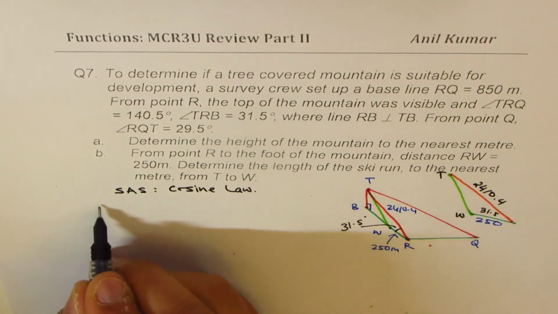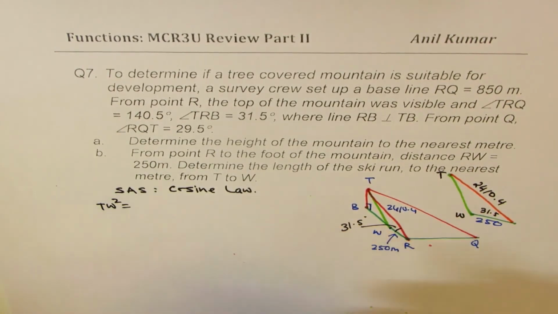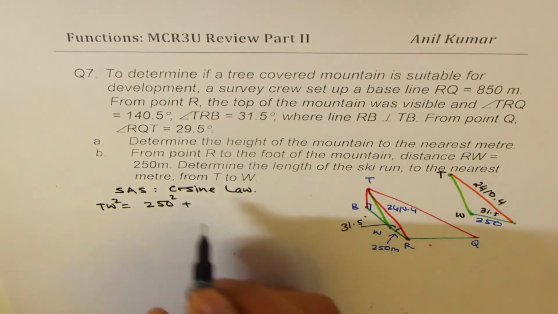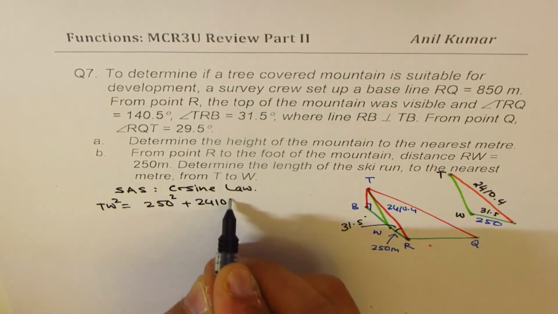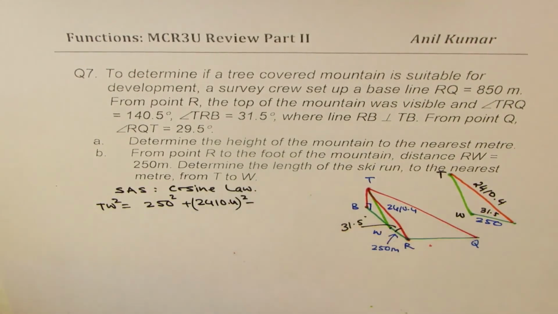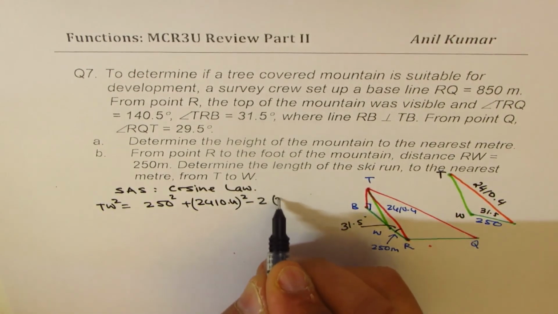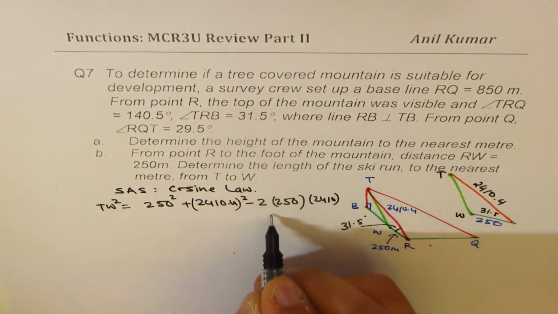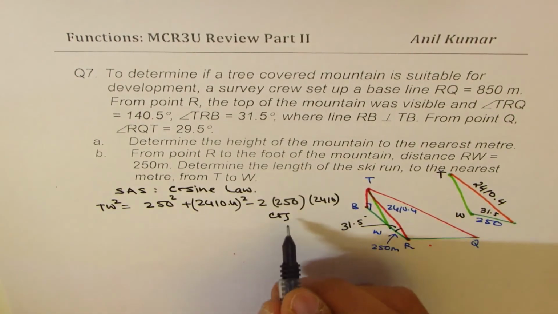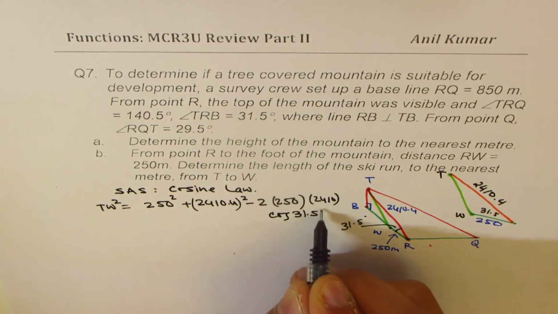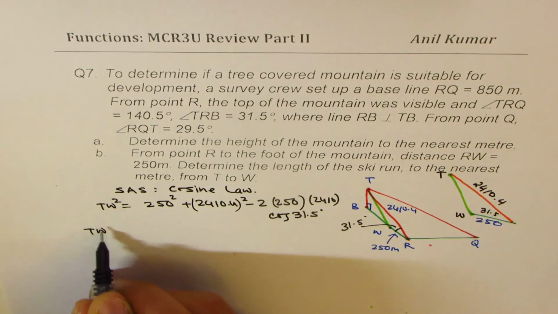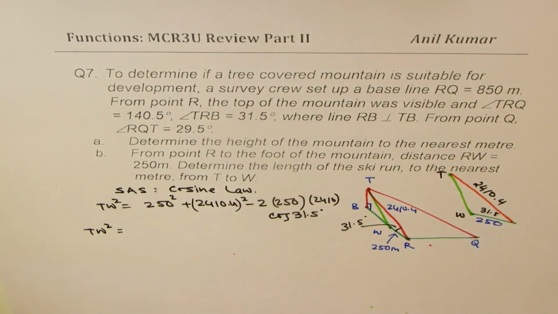So TW squared equals 250 squared plus 2410.4 squared minus 2 times 250 times 2410.4 times cos of the angle, which is 31.5 degrees. So we can now use a calculator.